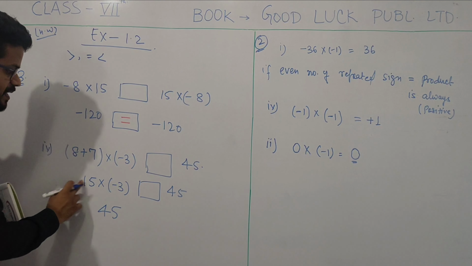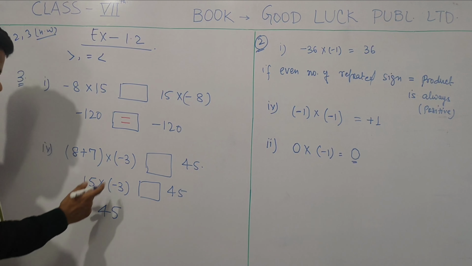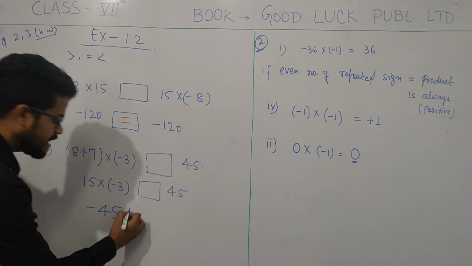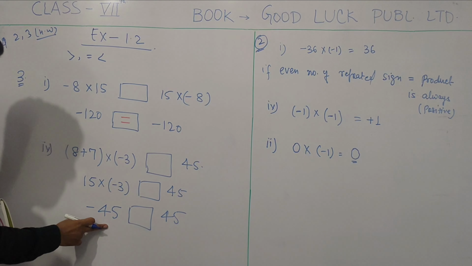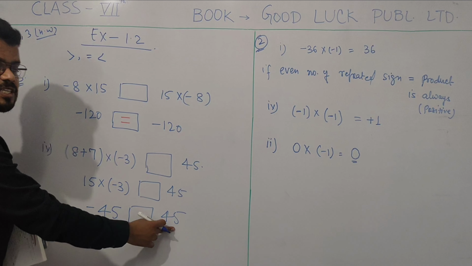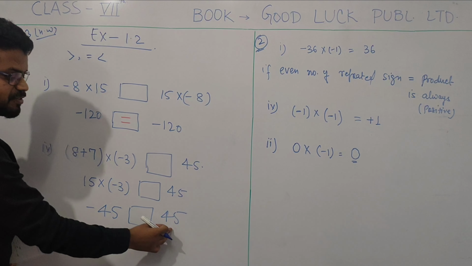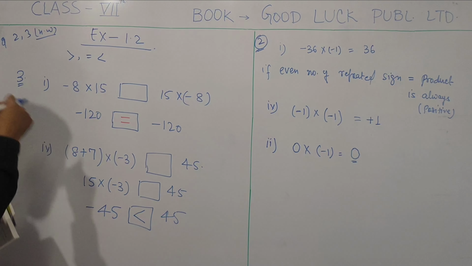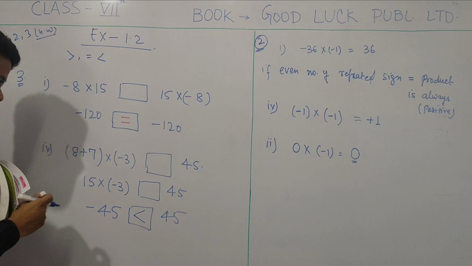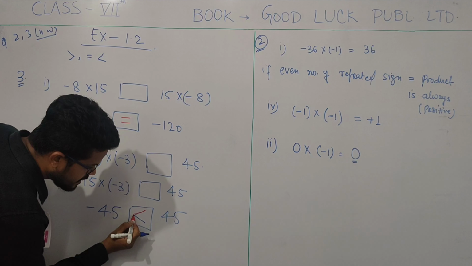Here this is plus and this is minus. So plus minus is minus, and this one is 45. So this is -45 and this is +45. So the greater one is 45. So I put the sign, this is greater than.